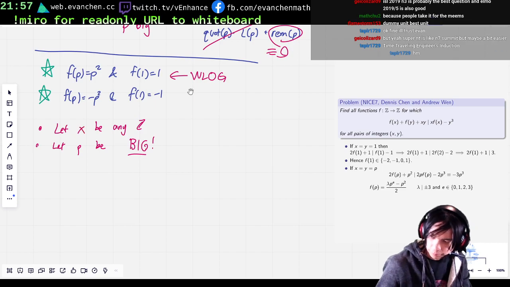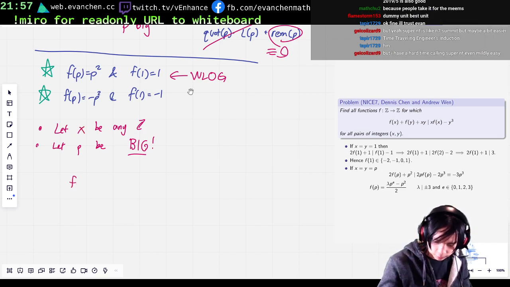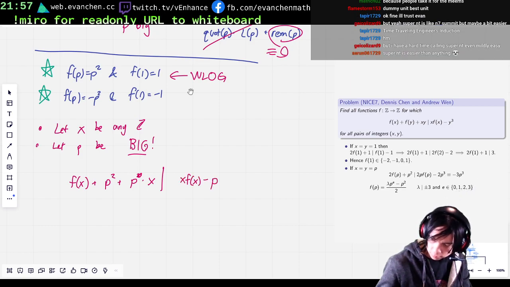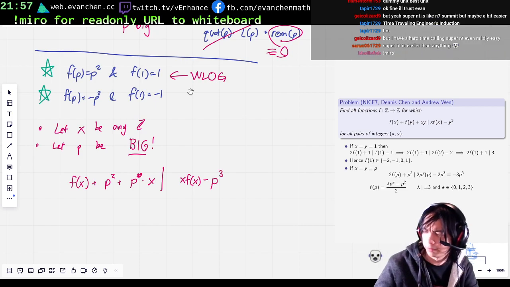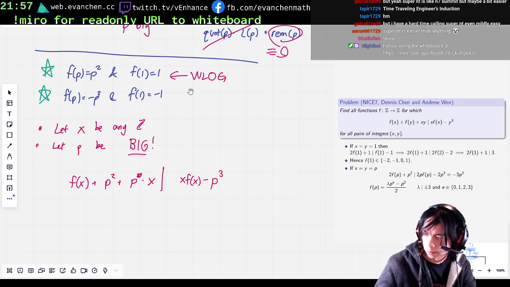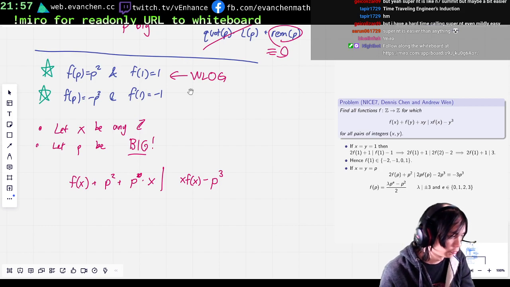So f of x plus p squared plus p times x is supposed to divide x f of x minus p cubed. Should I have done that the other way around? We'll just try both of them. One of them should work.